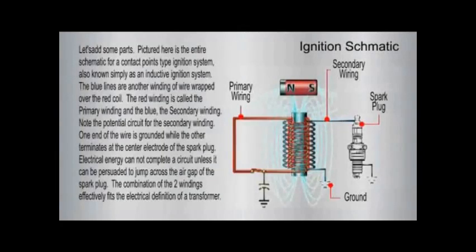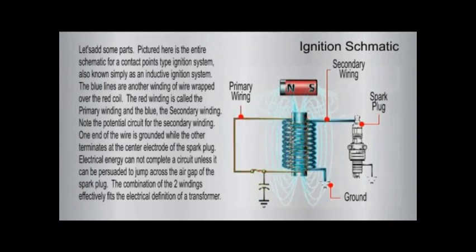Let's add some parts. Pictured here is the entire schematic for a contact point type ignition system, also known simply as an inductive ignition system. The blue lines are another winding of wire wrapped over the red coil. The red winding is called the primary winding, and the blue the secondary winding. Note the potential circuit for the secondary winding.